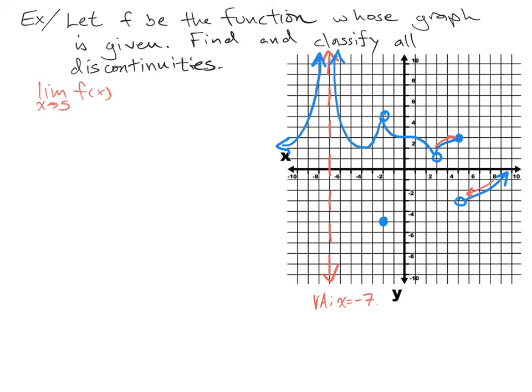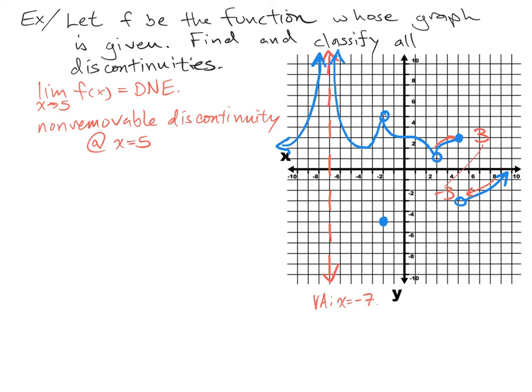As the function approaches 5 from the left, the y values are approaching 3. And as the function approaches 5 from the right, the y values are approaching -3. These two numbers are not the same, so this limit does not exist. That means there is a non-removable discontinuity at x equals 5.